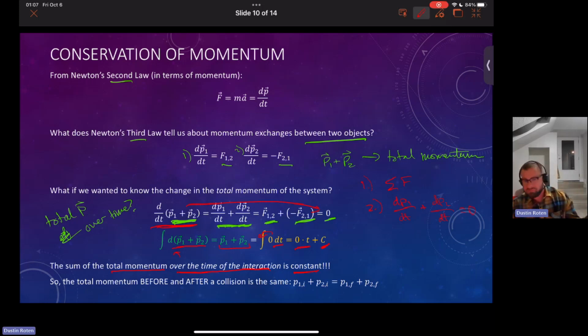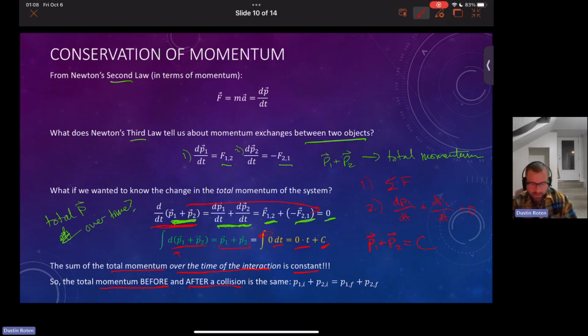And then if we do just some basic calculus, it turns out if we add the total momentum in the system, so P1 plus P2 is constant. That means your momentum is not changing. No matter how many momenta you have, you add them up, they're always going to equal some sort of constant. So the big conclusion here is essentially the total momentum before and after a collision is the same.